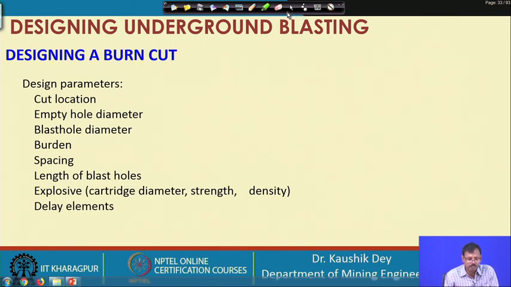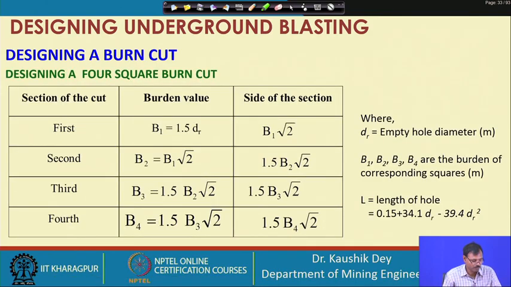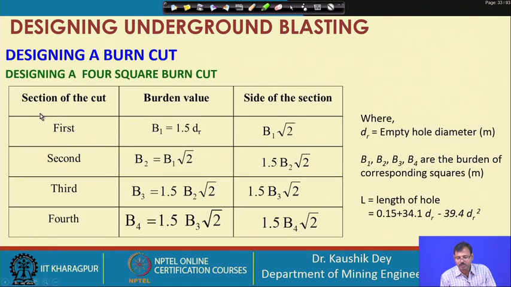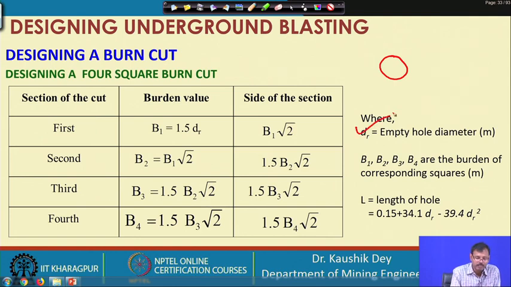Our next design consideration is the empty hole diameter. We first have to assume some empty hole diameter, and based on that we can have our first burden formula for the first hole. Say this is our empty hole diameter, dr. Then the first burden for the first hole is considered as per the Lange-Fors-Kihlstrom criteria.